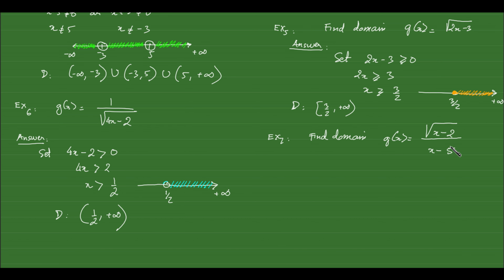I want to find the domain here. Same thing, because the radical is on the top, you set x minus 2 greater than or equal to 0, because it's on the top, so it's equal. And you set the denominator different from 0. So this is x greater than or equal to 2, x different from 5.